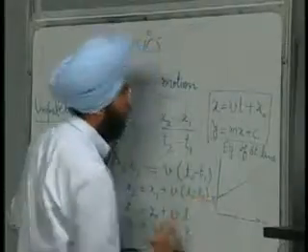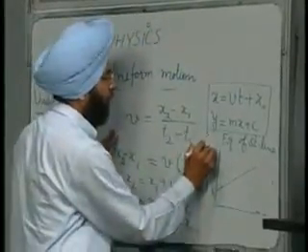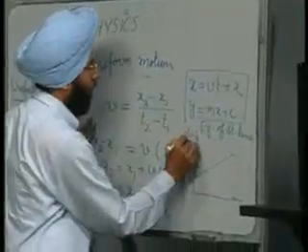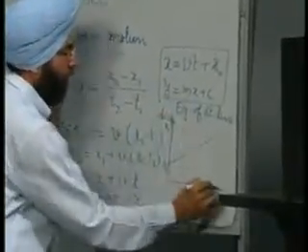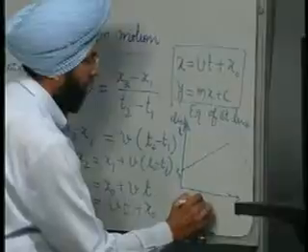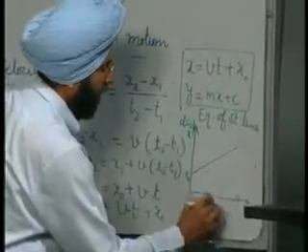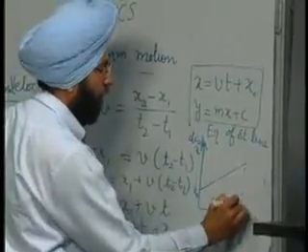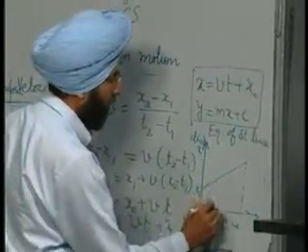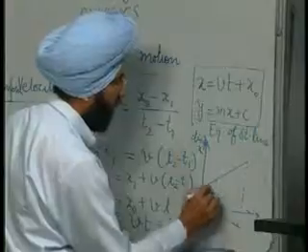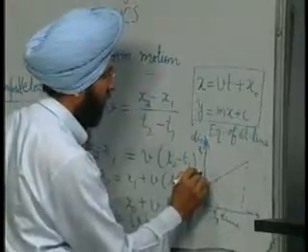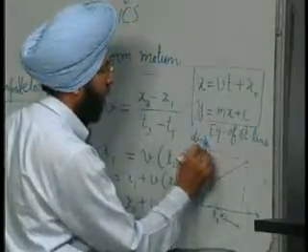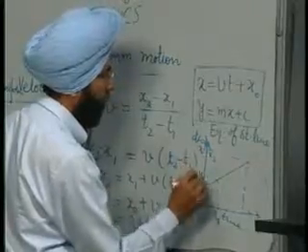It starts from x naught, this is displacement or x along y axis, and t time along x axis. Time is independent variable. At t 1 displacement is x 1, at t 2 displacement is x 2.